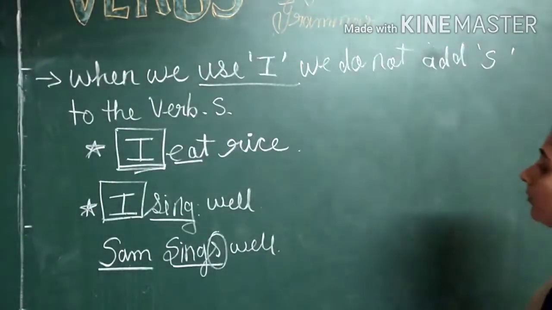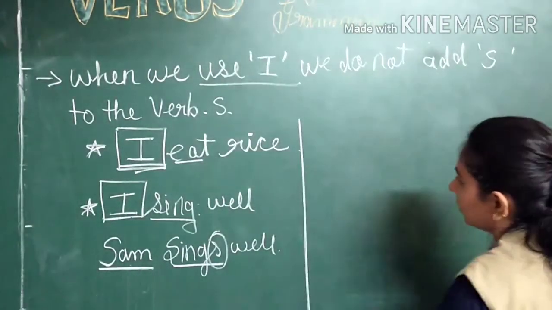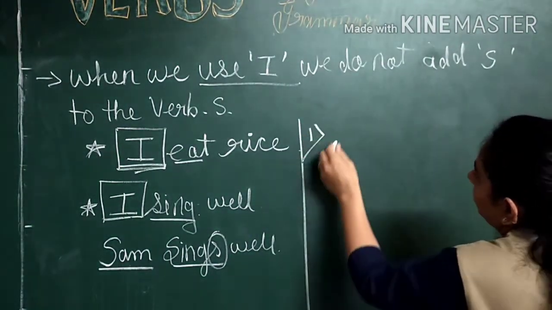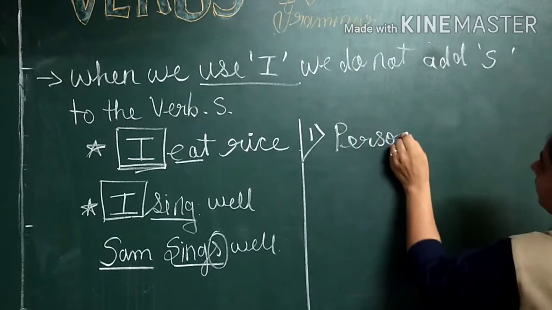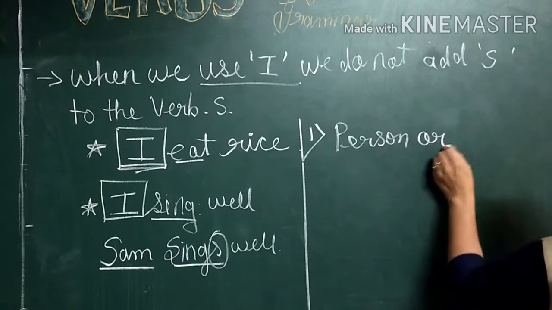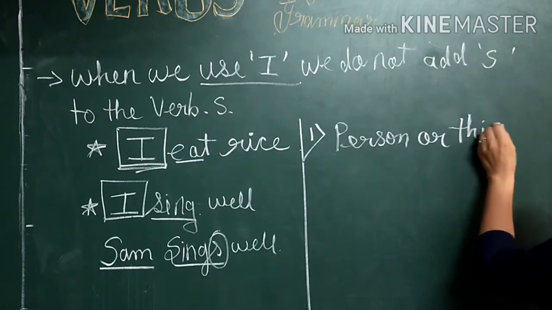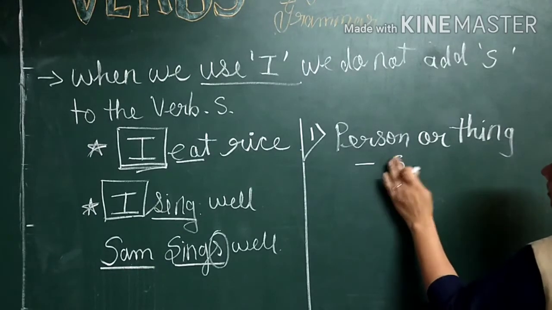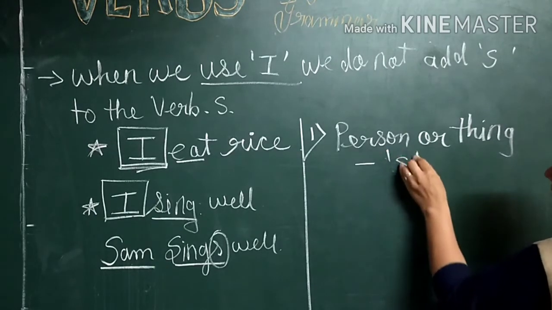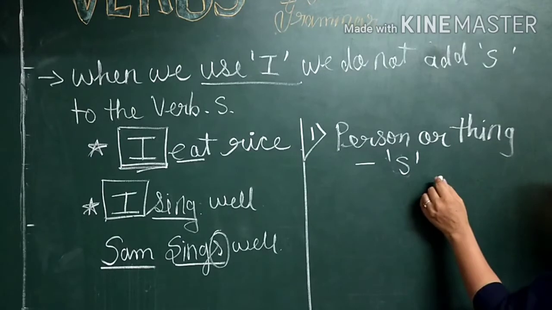So what were our three rules? The first was when we are talking about a person or thing, तो हम उसमें verb के साथ s use करते हैं, right?